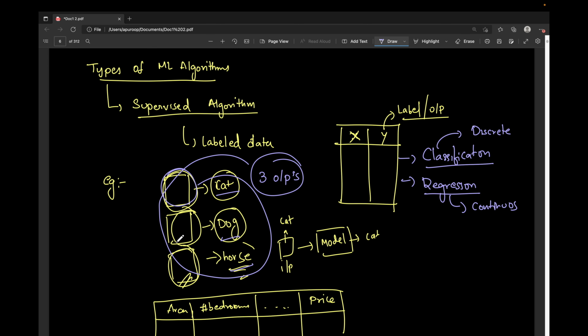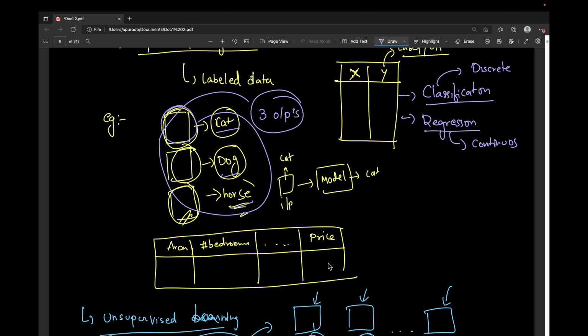And similarly, when it comes to price, price can be anything. There is no specific range, or even if you have some range, let's say 10 lakhs to 10 crores is the price range. Even if you write all possible outputs at an interval of 10 lakh 1, 10 lakh 2, like that, till 10 crores, it can still happen that you'll miss something like 10 lakhs point 5.